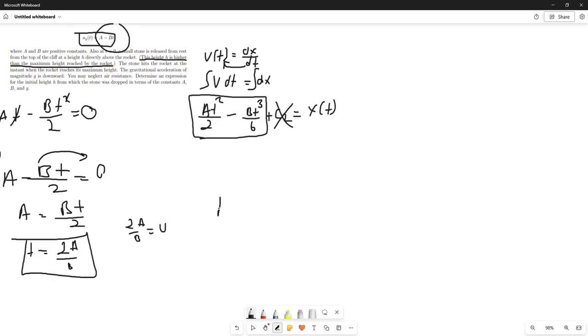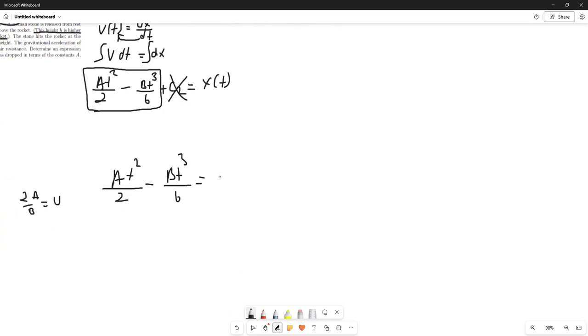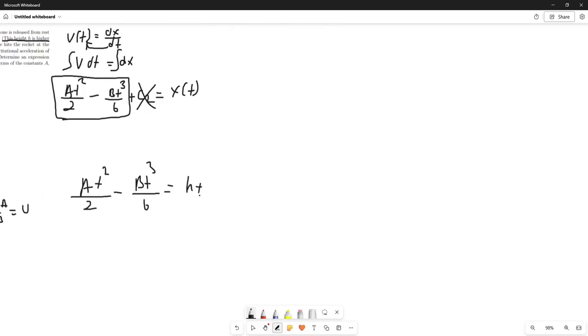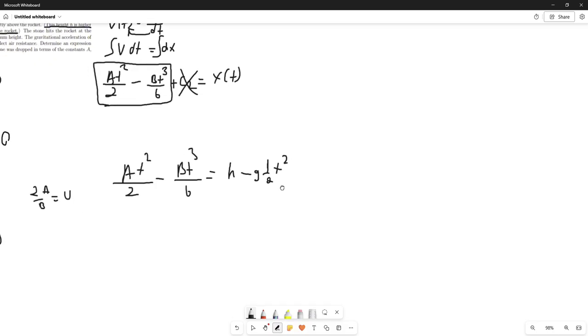So we write: a t squared divided by 2 minus b t cubed divided by 6 equals h minus g times 1 divided by 2 t squared.